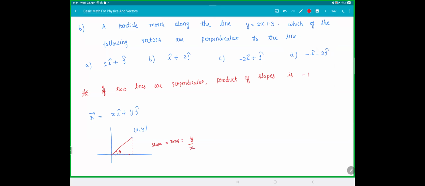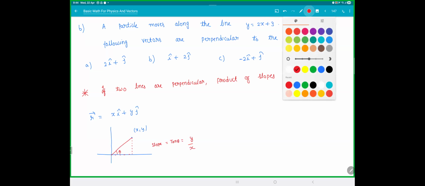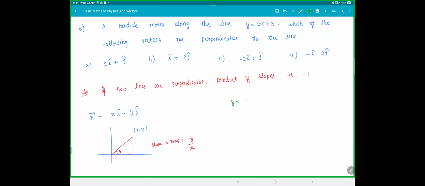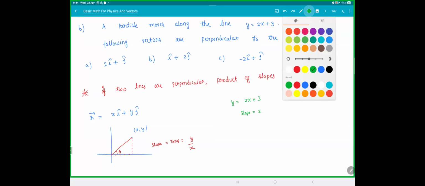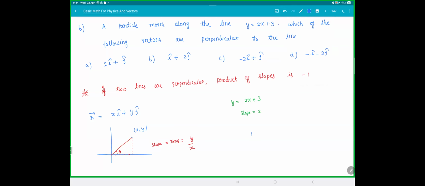That is the slope of a vector, y by x. And for our line y is equal to 2x plus 3, 2 is the slope of the line. Now you're saying the product of these two slopes must be -1. So the product of slopes, 2 into y by x, must be -1.